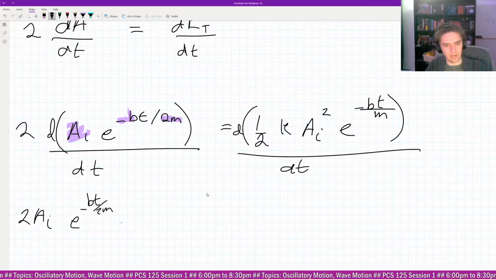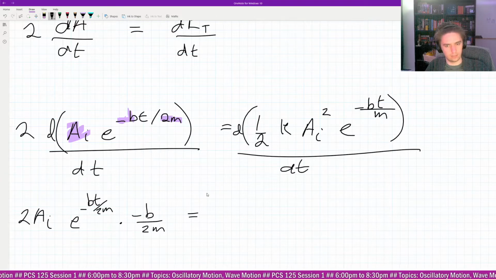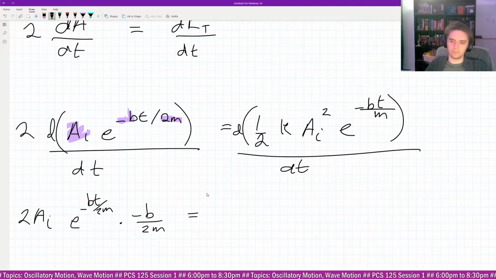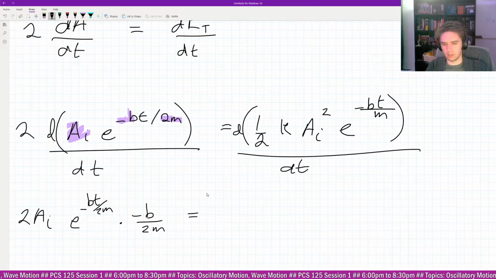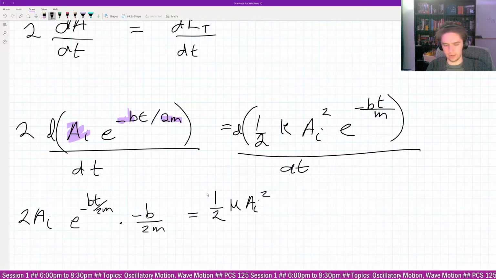So that's just times negative b over 2m. Okay. I think I did that right. Now the derivative here, well, this is all constants. Yeah, that's all constants. So it's 1/2 k A i squared.